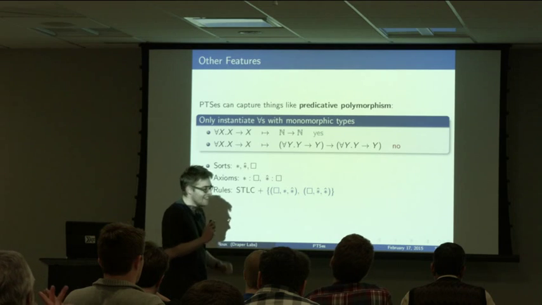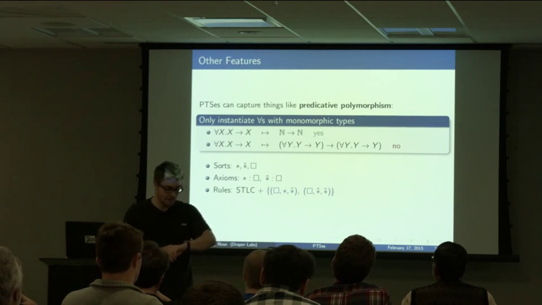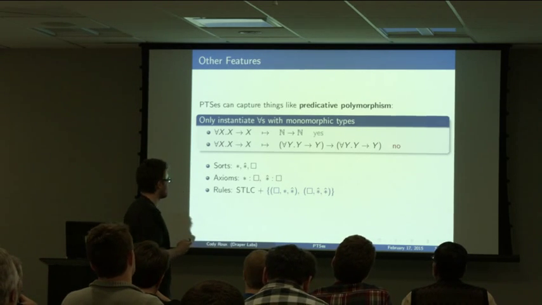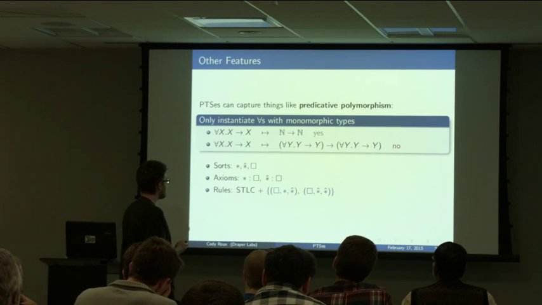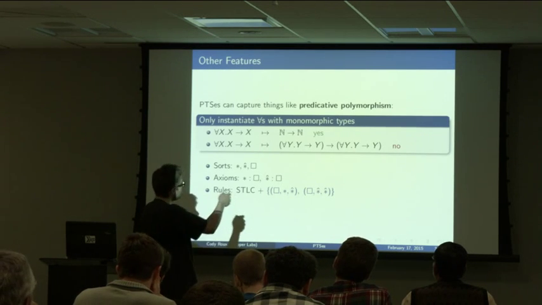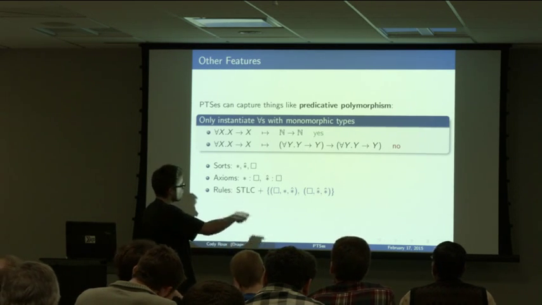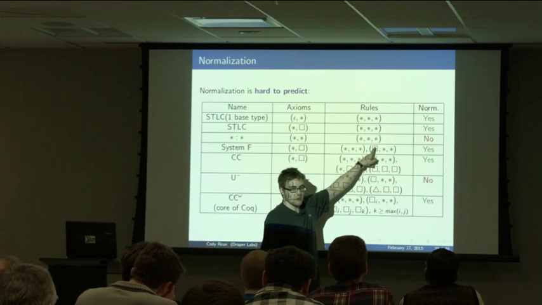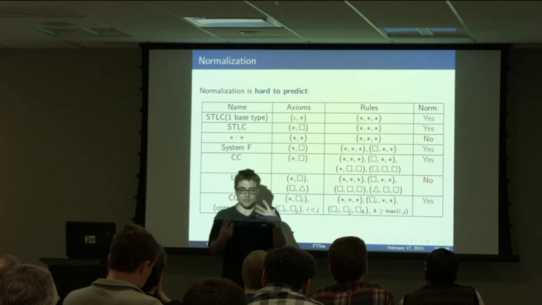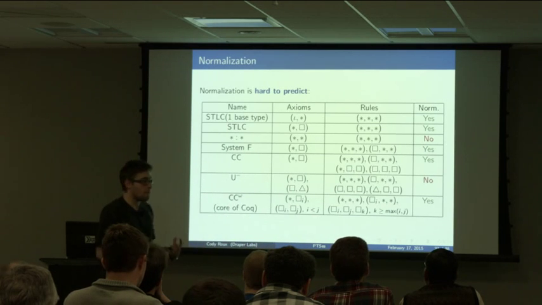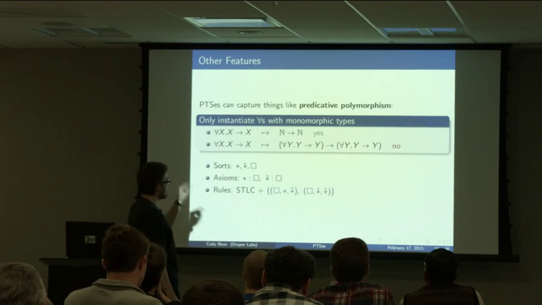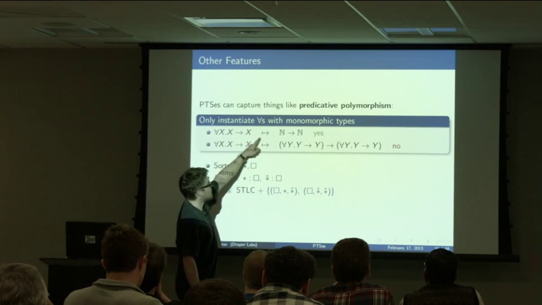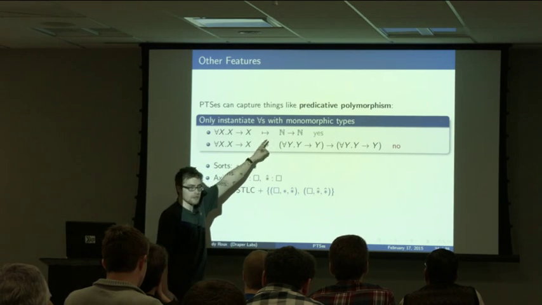All right. So I had more slides about this in my other talk, but they were getting technical, so I excised them. So with PTS, I showed that you could capture this powerful type of polymorphism, the for all x, x arrow x, and you instantiate x with whatever you want. But you can also do the other version where you can only instantiate x with monomorphic types.